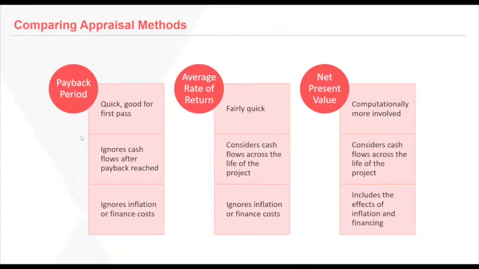So we do consider the cash flows across the full life of the project. And by undertaking a net present value computation, we do include those effects of financing and inflation on those project cash flows. We will then determine a net present value, which sums together the present value of all our future cash flows and deducts our initial capital cost.